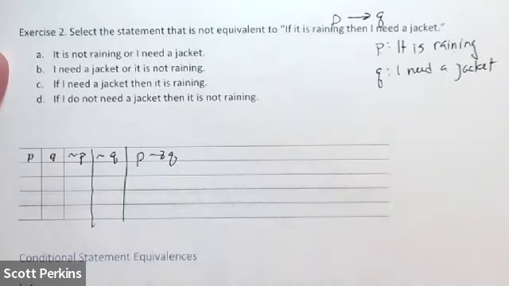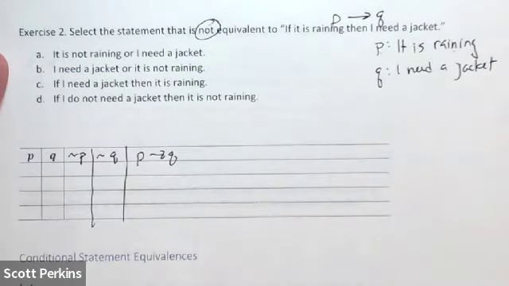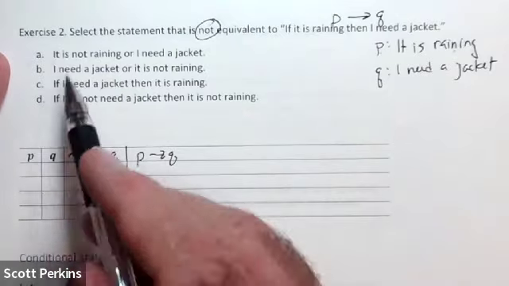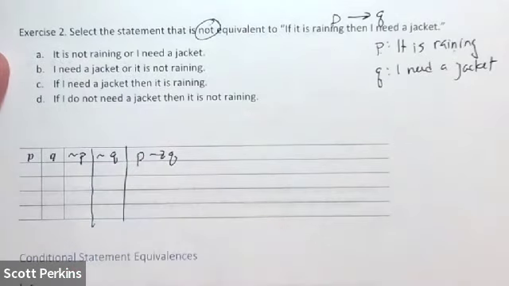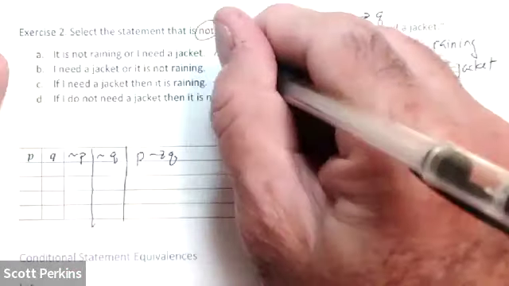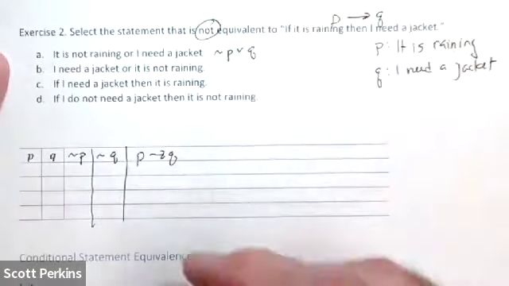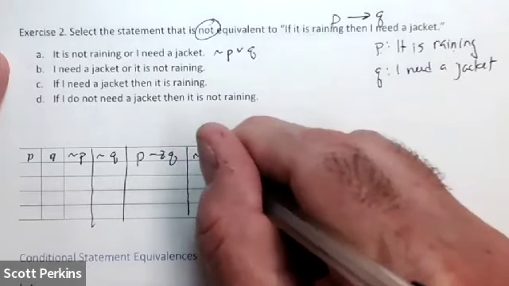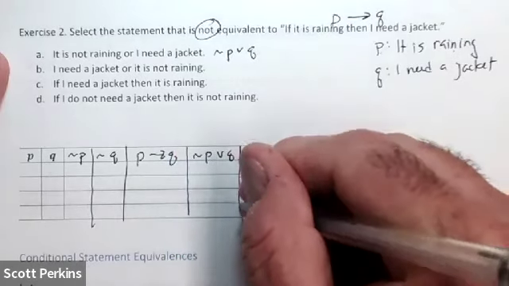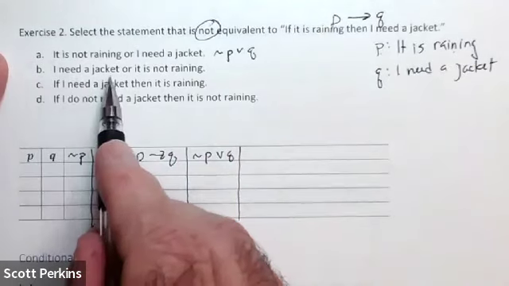And what I want to know is which ones are not equivalent. So we're going to go through each of these statements and we're going to write them down and we're going to see which one. So it is not raining or I need a jacket. So it is not raining is squiggly P. Or is the disjunction, I need a jacket Q. So squiggly P or Q. The next one is I need a jacket or it is not raining.